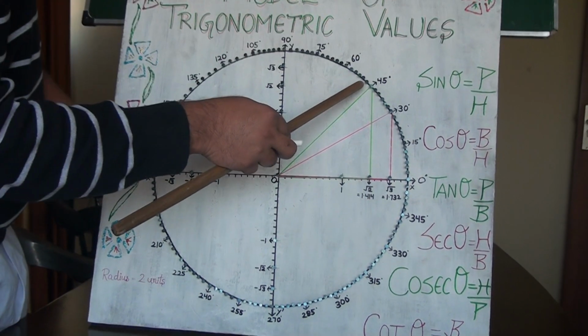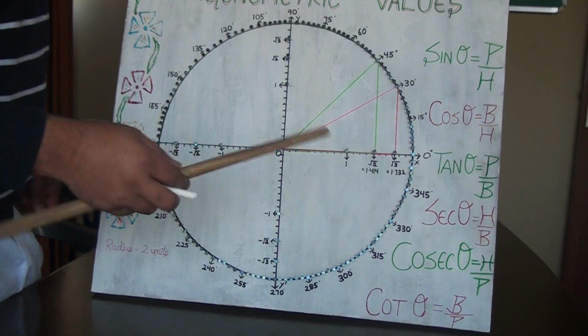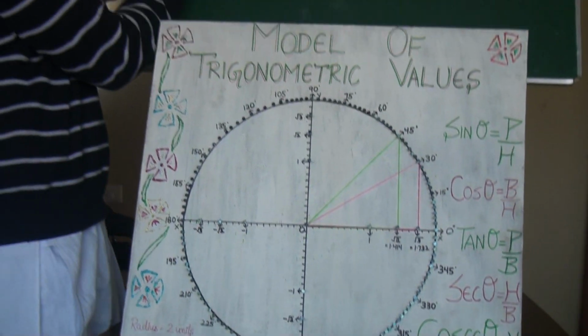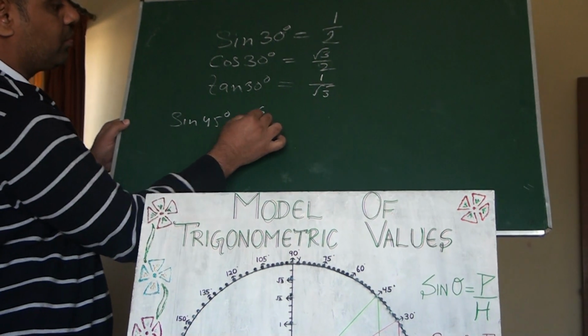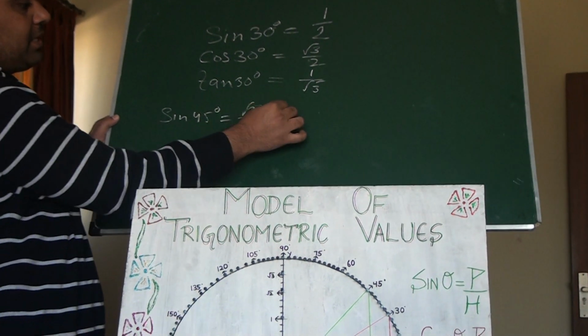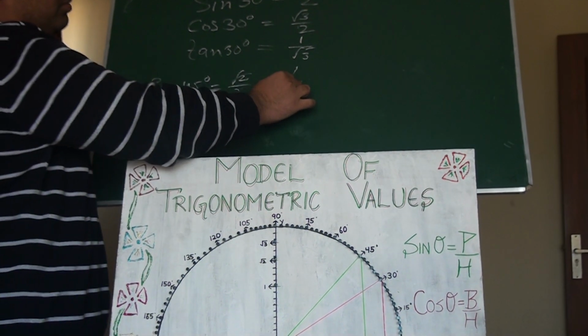It means the value of the perpendicular is root 2 units and the value of the hypotenuse is 2. Therefore, sine 45 degrees is equal to root 2 upon 2. We cancel it, and it is equal to 1 upon root 2.